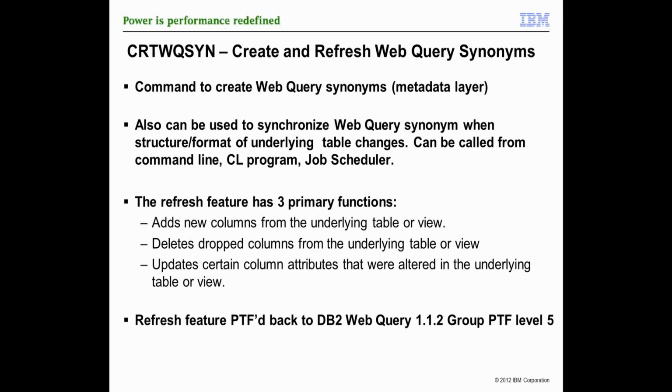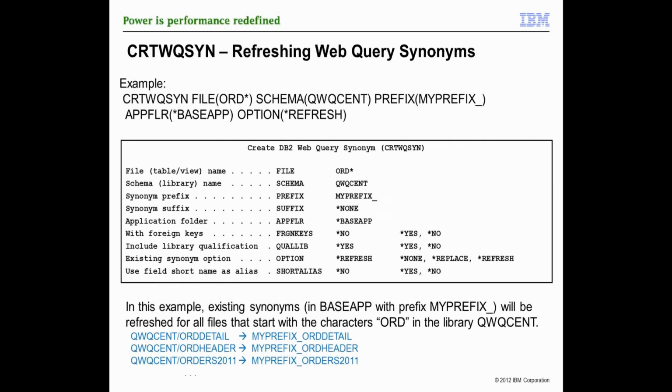So if there's any changes made to those underlying fields, the job scheduler entry will run, the refresh feature will kick in, find those new fields, bring them into the metadata, and now you're keeping your metadata in synchronization with the underlying tables. There's a quick snapshot of what that looks like. The key thing here is that new option *REFRESH. So by doing that, you can refresh synonyms, and again, you can do it in an automated and batch fashion.